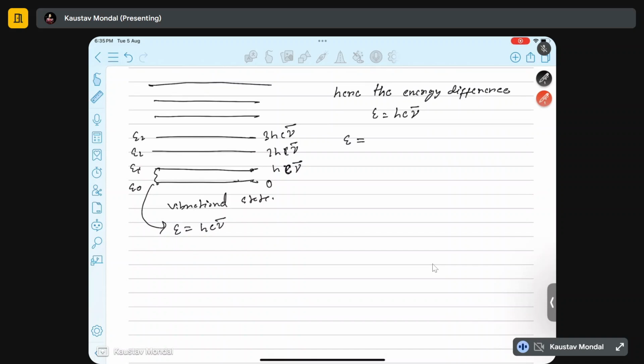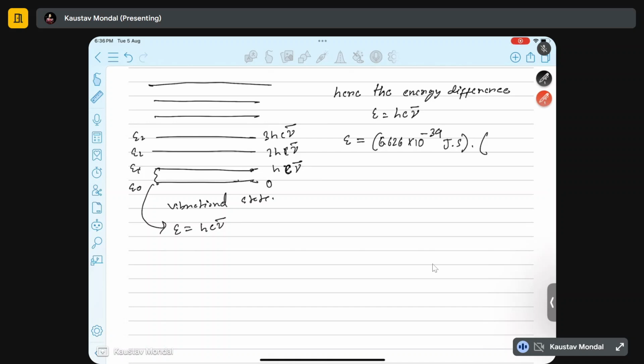We have to substitute the value of the Planck constant, 6.626 times 10 to the power minus 34 joule second. C is the speed of light.